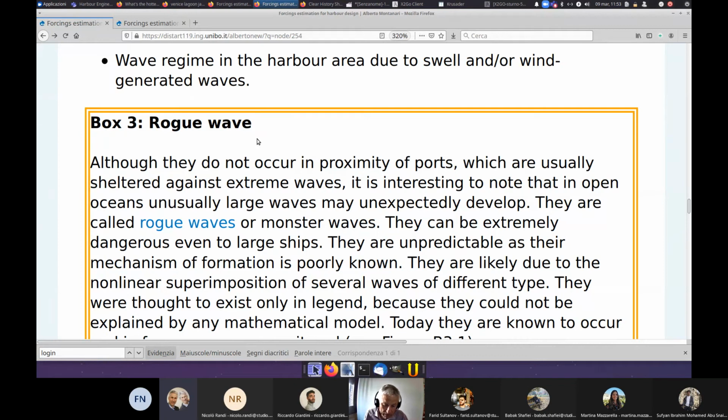Sometimes it happens that some ships in open sea disappear, and we don't understand what happened. So it's important that we know that it may happen in open oceans, not in sheltered areas. So it doesn't happen in ports or harbors. So for this reason, I say that this is placed inside a box, because it's not directly relevant to the design of ports.